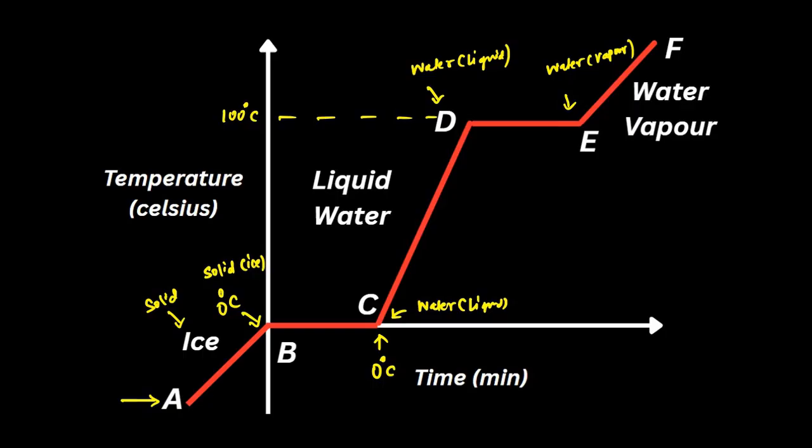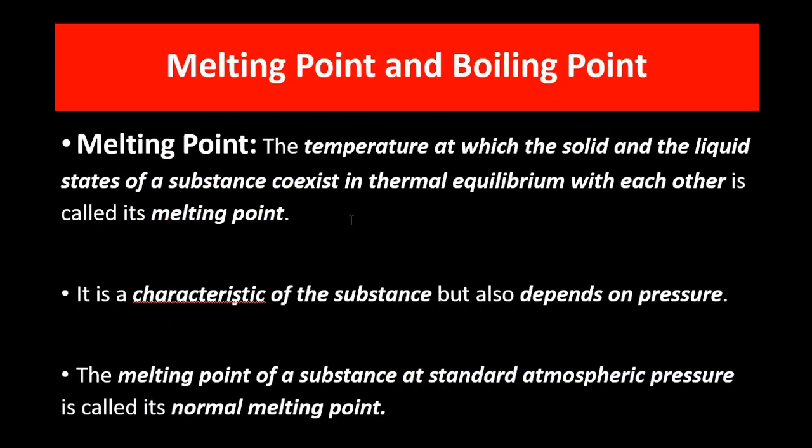So these are two unique special temperatures: boiling point and melting point. Boiling point and melting point involve the transition of ice to water, then from water to vapor.